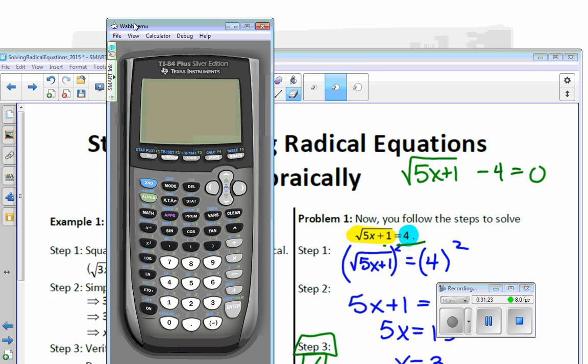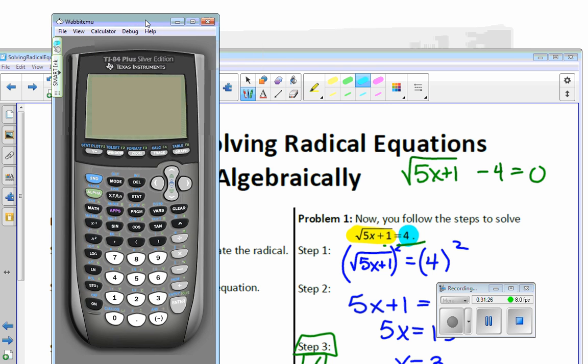And this is actually, folks, if you do it this way, trust me when I say on an SOL or anything else, if you have any kind of equation at all and you don't know how to solve it, if you plug the left-hand side as y1 and the right-hand side as y2, I don't care what it looks like. You can have all kinds of crazy numbers, square roots, absolute values, whatever. All you have to do is find the intersection of the two, and there's your answer, no matter what. So it's a good strategy on anything.